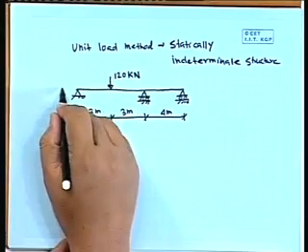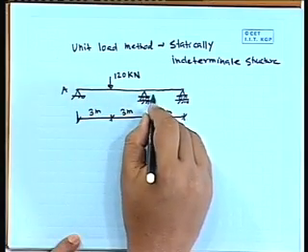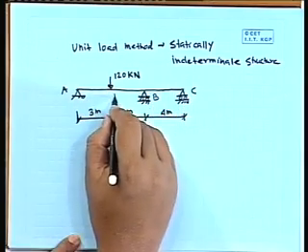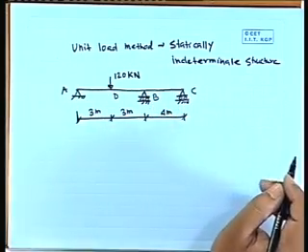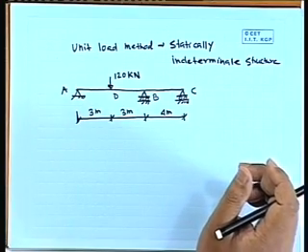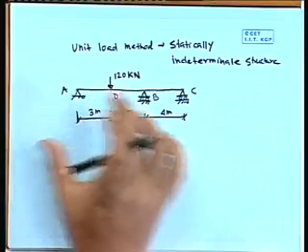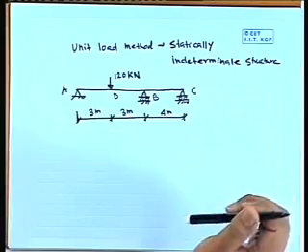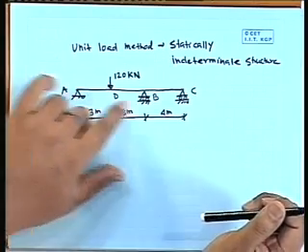You can say this is A, this is B, this is C, and under the load it is D. So, this is a 2 span beam, AB one span, BC another span, with 3 supports. This support is a hinge, the others are rollers.